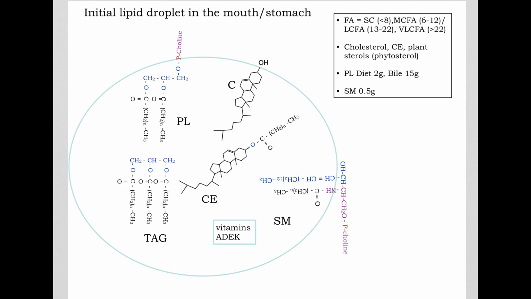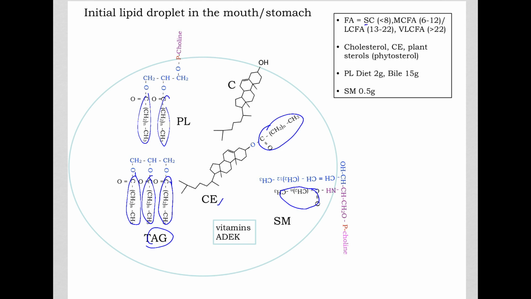If you look at the lipids that you find in your food, for example, triacylglycerols, you remember that triacylglycerols have fatty acids. You can see the fatty acids here. Your phospholipids have fatty acids. Sphingomyelin has fatty acids. Cholesterol ester has fatty acids. And these fatty acids can be a variety of different fatty acids.